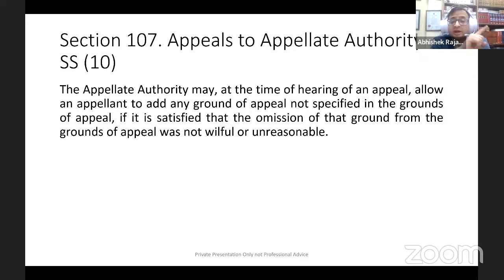And these are called additional grounds. So whatever you have replied to your first notice, say you had received DRC01, you had replied in DRC06, whatever grounds you have taken in DRC06, that would be copied. Now, whatever new ground you want to take, that would become an additional ground.